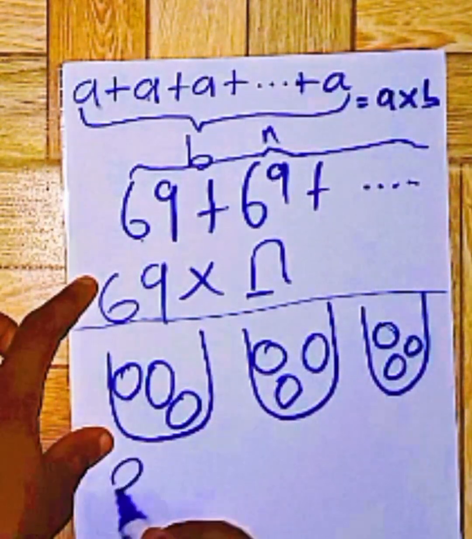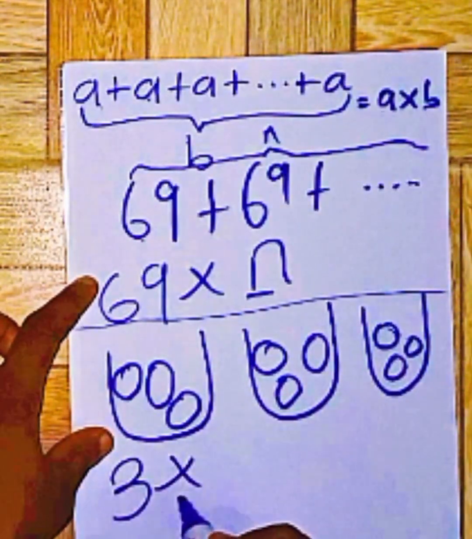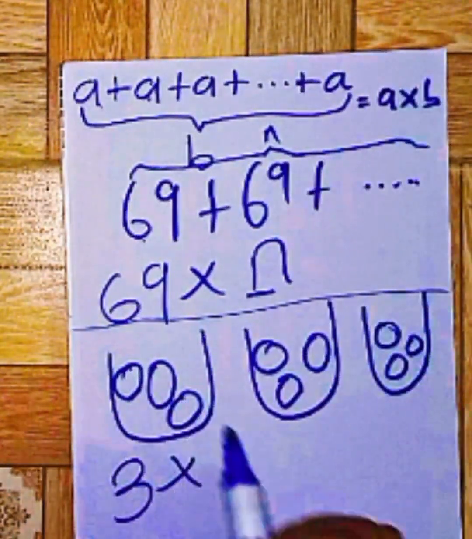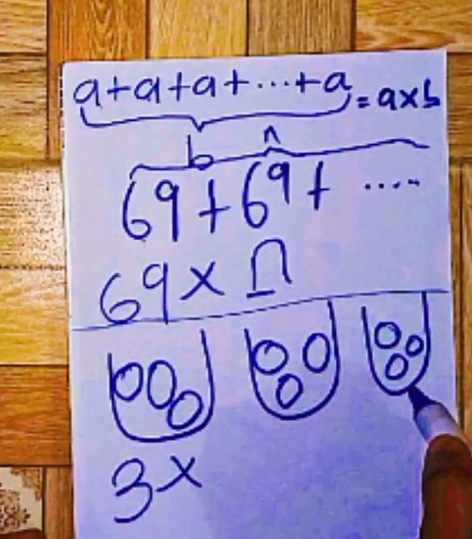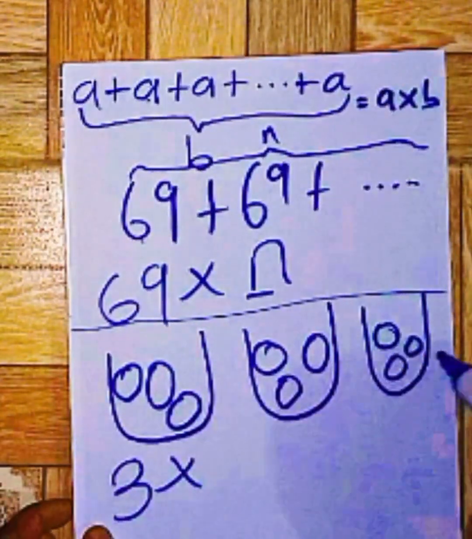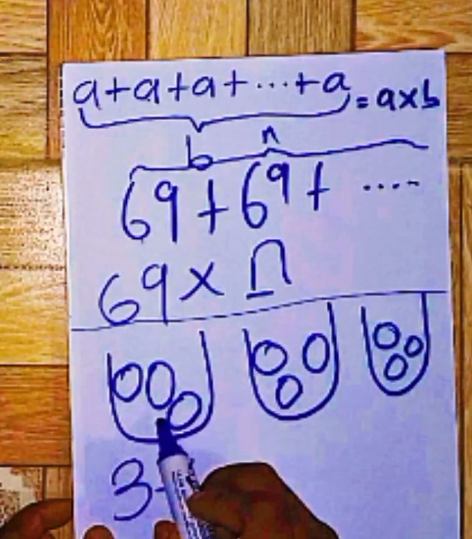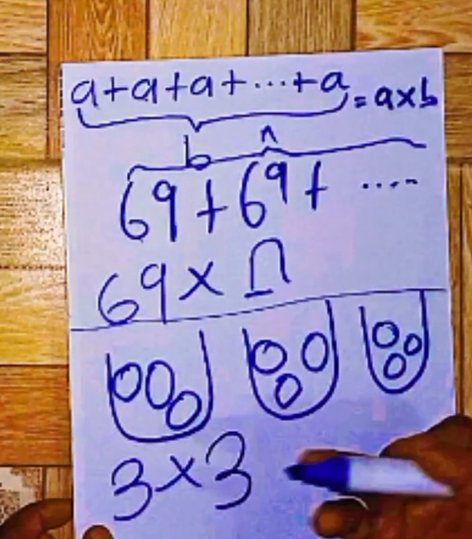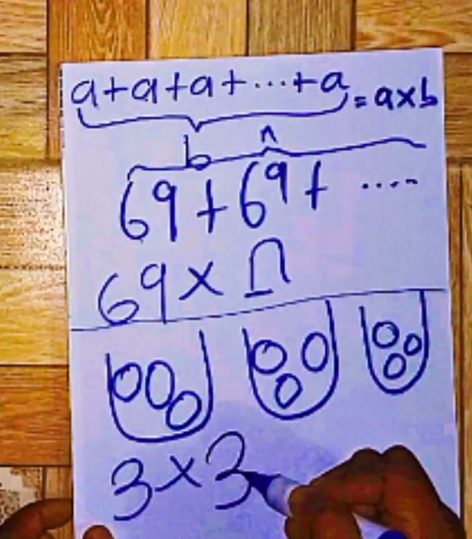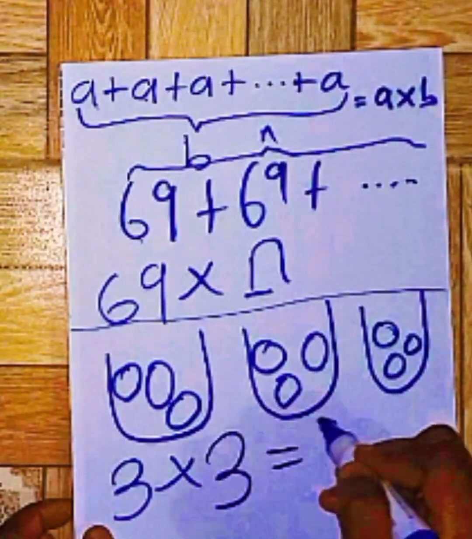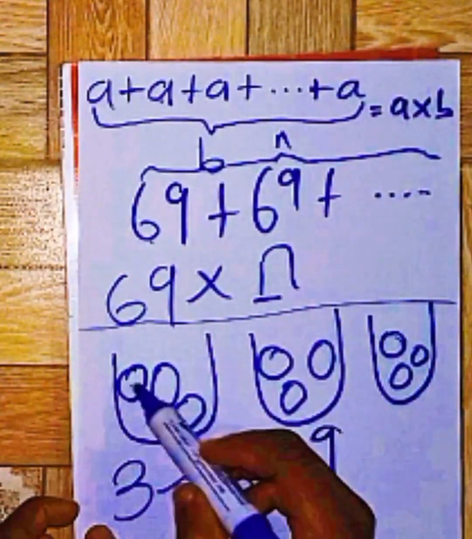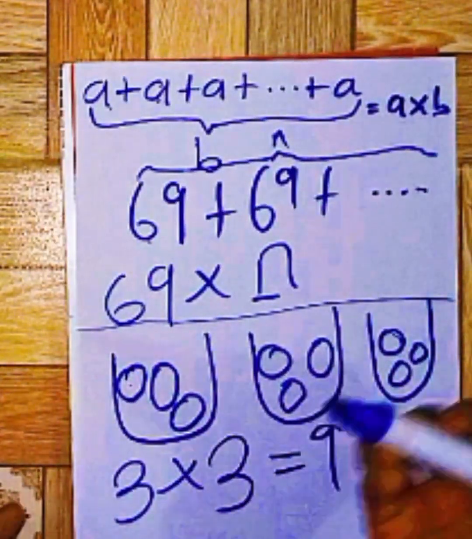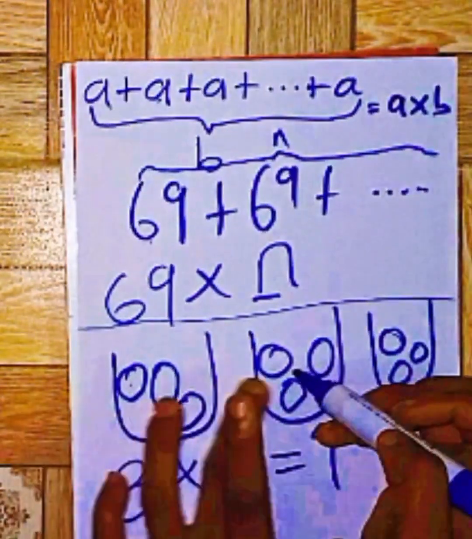That operation will simply help us take the number of balls that is in one of the buckets and multiply by the number of buckets that are there. The number of buckets is 1, 2, 3. So there are 3 baskets of 3 balls, which is 9, and that gives us 1, 2, 3, 4, 5, 6, 7, 8, 9. You don't need to go ahead and add 1, 2, 3 to this.